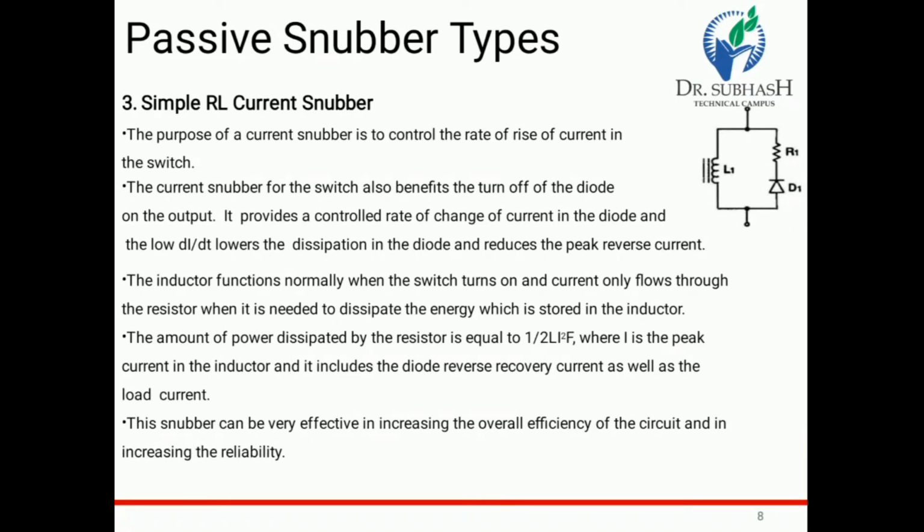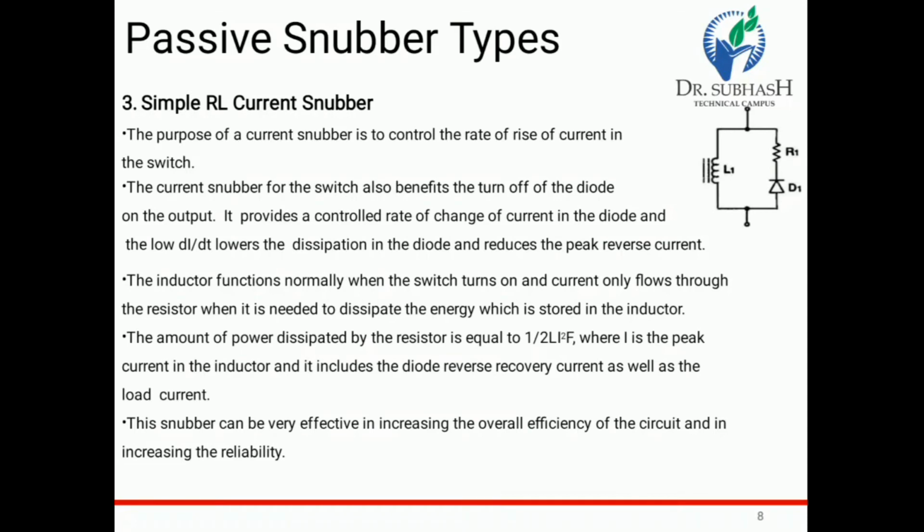Now this simple RL circuit can be designed by using an inductor and a resistance. The purpose of this current snubber is to control the rate of rise of current in the switch. The current snubber for the switch also benefits the turn off of the diodes on the outputs.